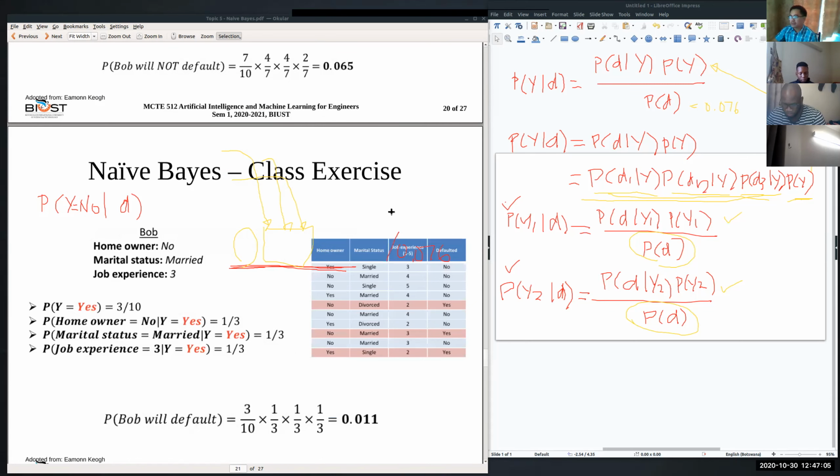These computations are good enough even though we are not computing the entire Bayes theorem. Is that understood? Yes? Okay, good.